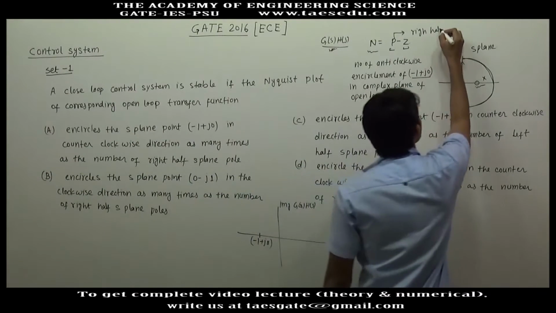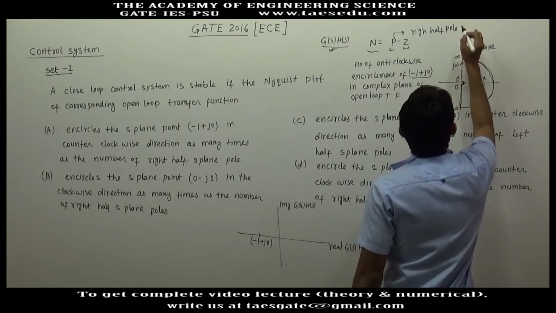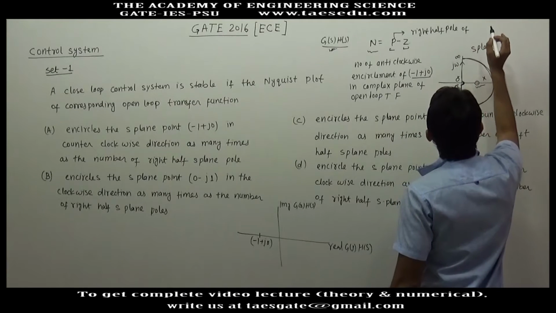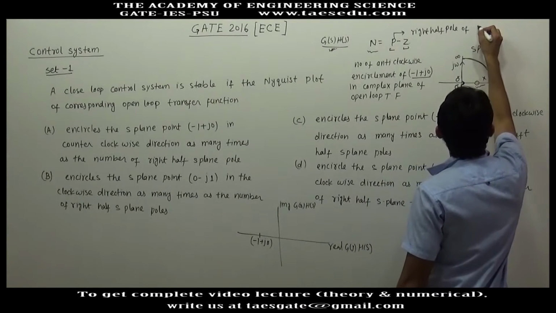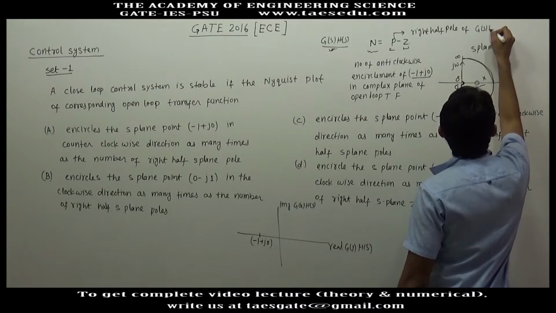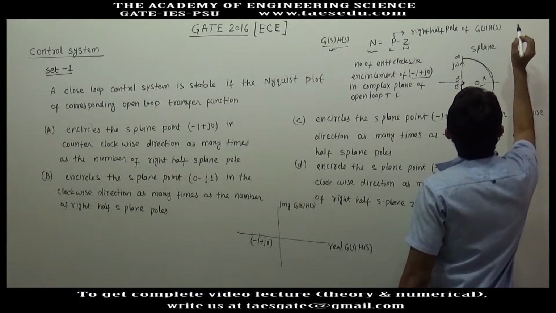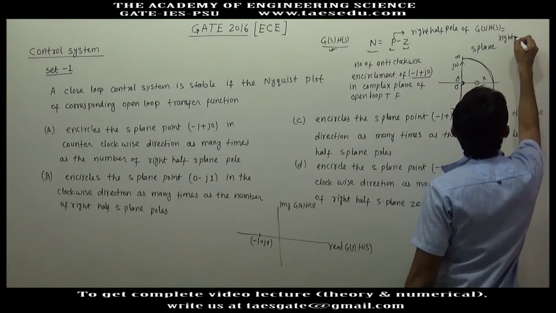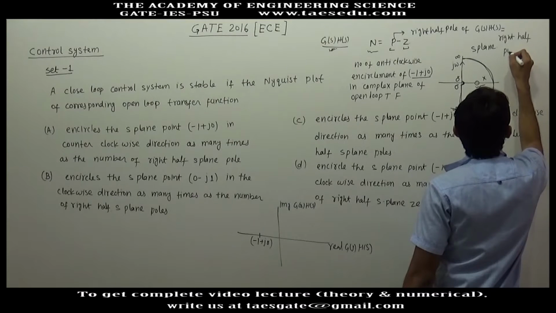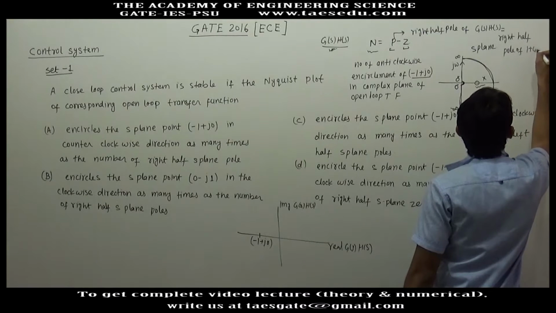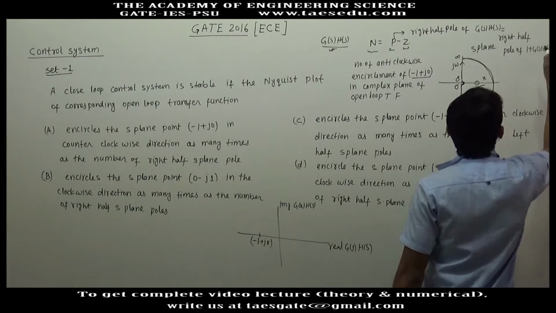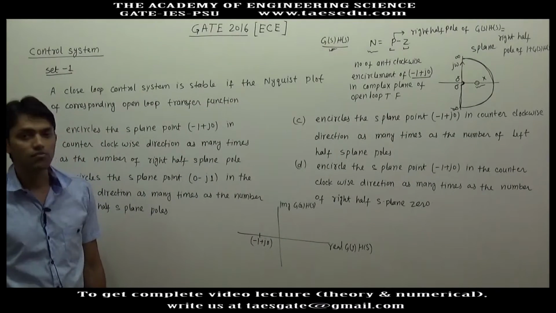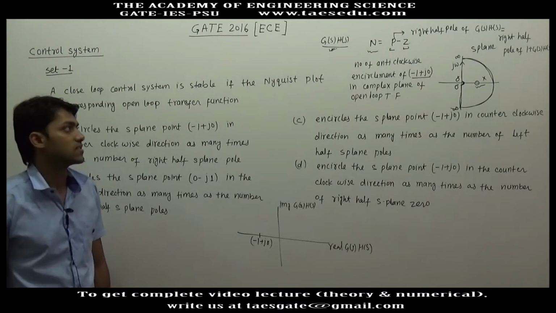P is the right half pole of G(s)H(s), and this is also equal to the right half pole of 1 plus G(s)H(s). In the theory lecture I have proved that P is the right half pole of G(s)H(s) and this will be equal to the right half pole of 1 plus G(s)H(s).